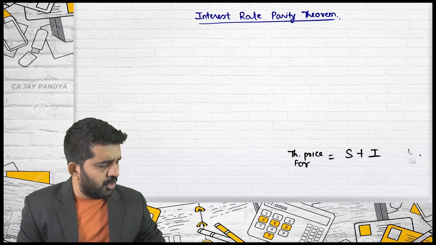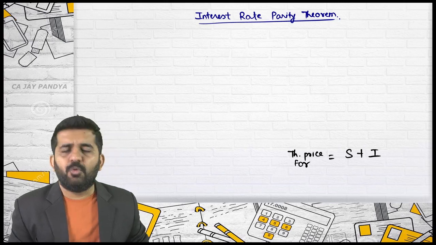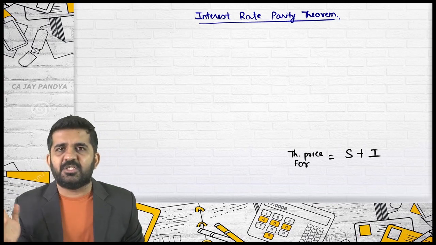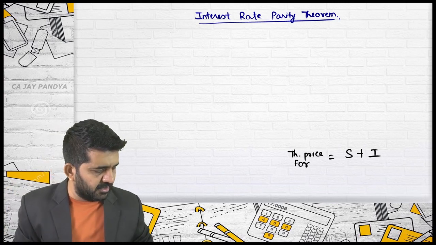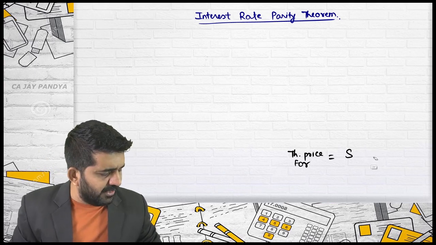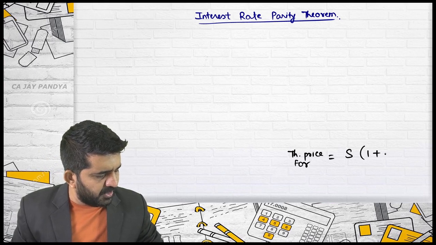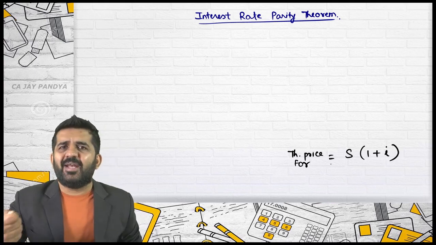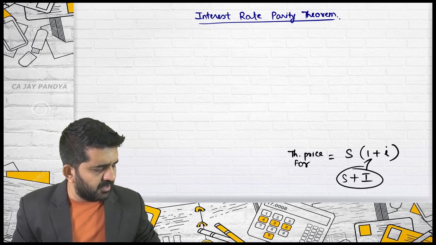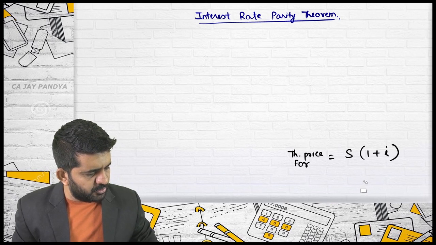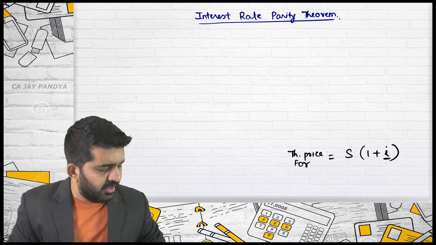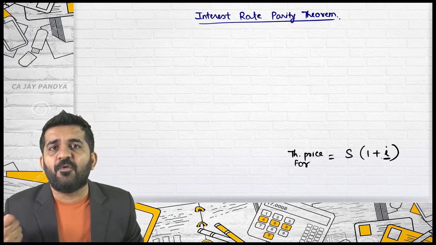Your dividend will not come into the picture, so I am removing it because they are not shares, they are foreign currencies, and foreign currencies are not companies, so they will not pay you dividend. It is spot plus interest. That is nothing but amount. How we calculate amount is nothing but spot into 1 plus i. The interest will be automatically added because amount is equal to spot plus interest, which by formula we can write in this manner also. And this is how we find out the theoretical price of forward.